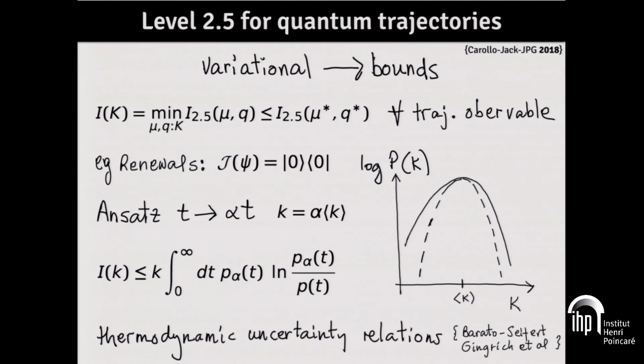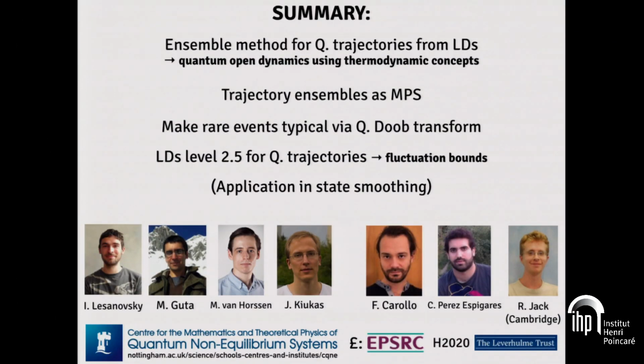And this relates to something that there's a lot of activity in StatMech nowadays, called thermodynamic uncertainty relations. This is the right way to generalize these thermodynamic uncertainty relations, fundamental relations for precision that have a thermodynamic, statistical mechanics origin, to the quantum setting. I think I ran out of time, and I'll stop there.